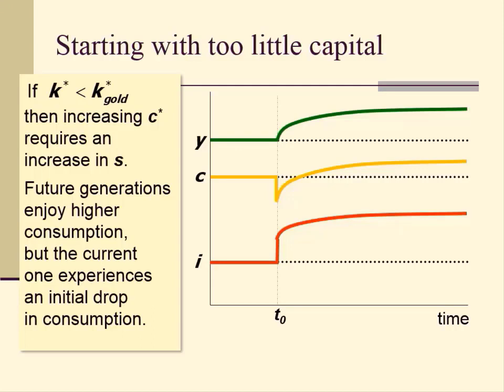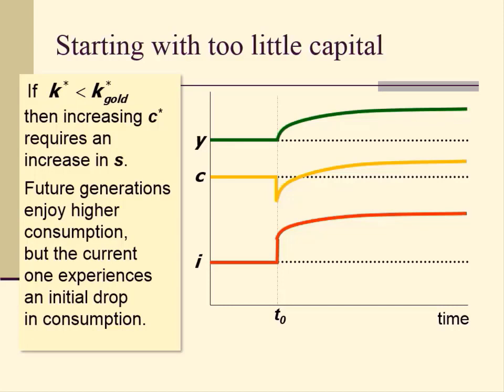It seems that in practice, starting with too little capital would be harder to correct, because it requires an initial drop in consumption, and politically, if the voters are myopic, it is hard to get this passed in the short run. Also, if you care less about future generations, then this will not be politically feasible in many cases in the short run.